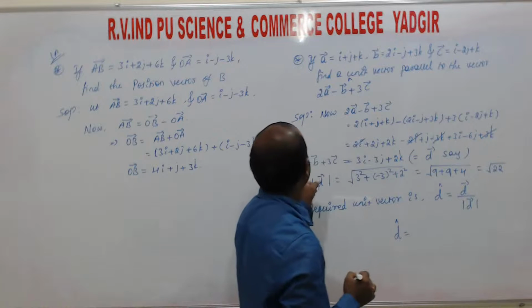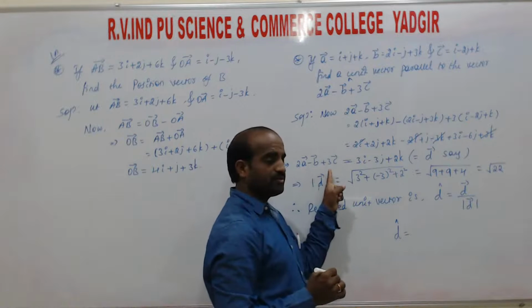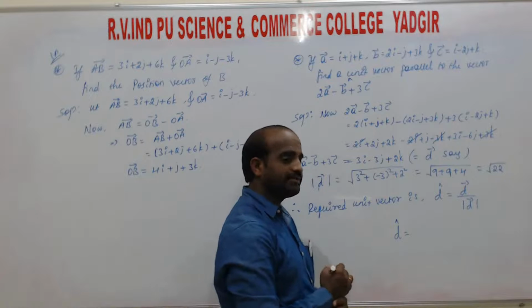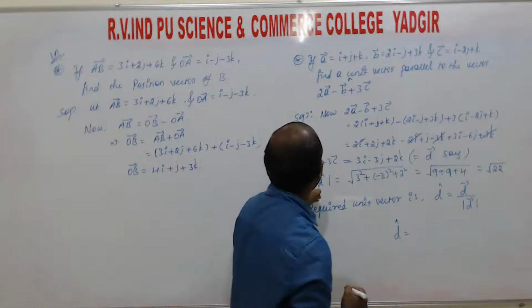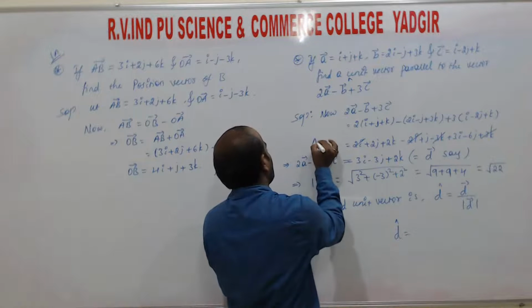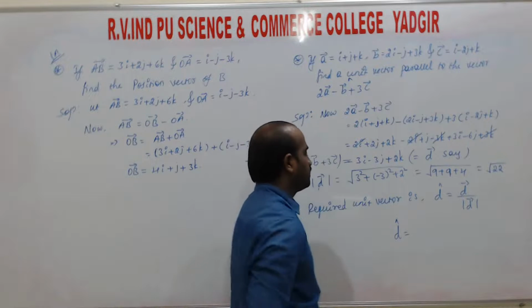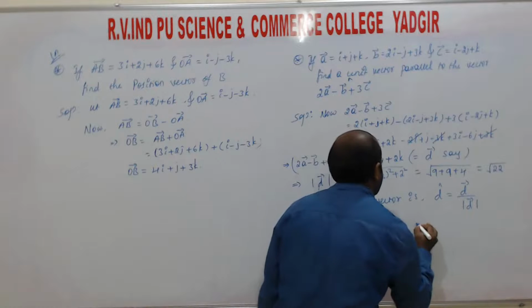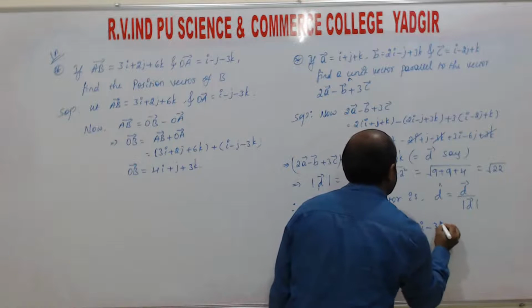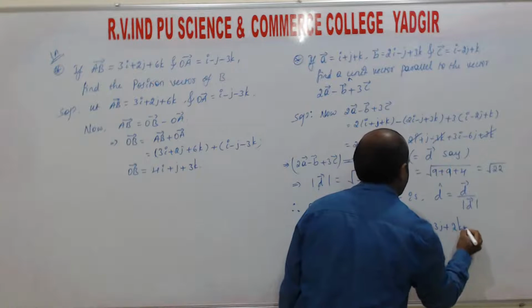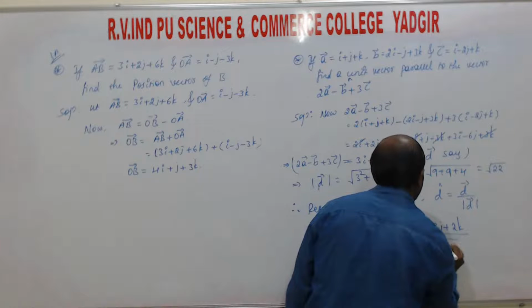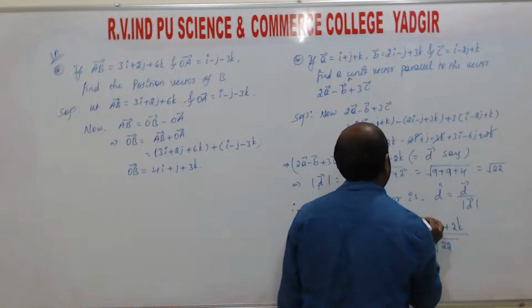D means 2a minus b vector plus 3c vector. So d vector is 3i minus 3j plus 2k whole divided by root 20.